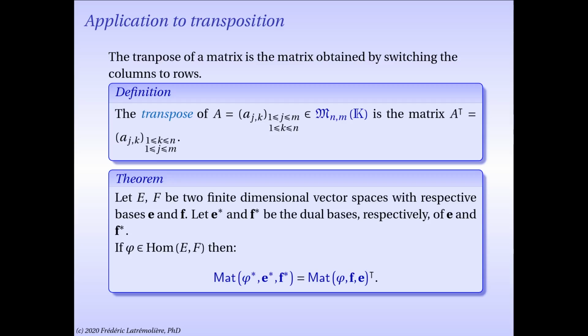If E and F are two finite dimensional vector spaces with respective ordered bases bold E and bold F, if bold E star and bold F star are the dual bases of bold E and bold F, respectively, and if phi is a linear map from E to F, then the matrix of the transpose of phi, which is a map from the dual of F to the dual of E, in the bases bold F star and bold E star, is the transpose of the matrix of phi in the bases bold E and bold F. Thus, transposition of matrices has a rather nice meaning.